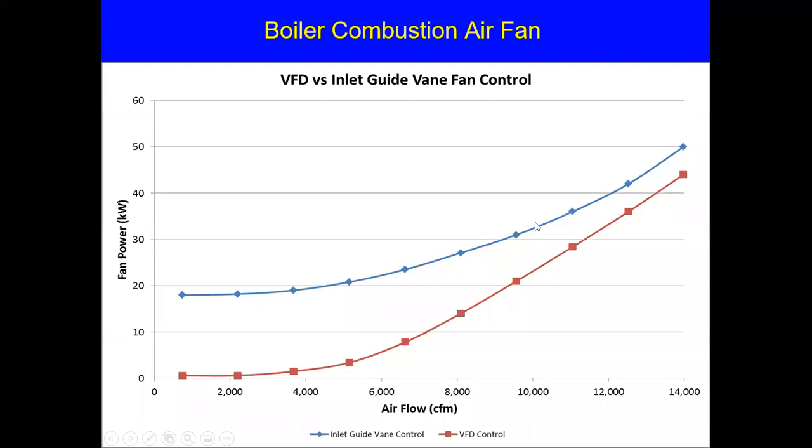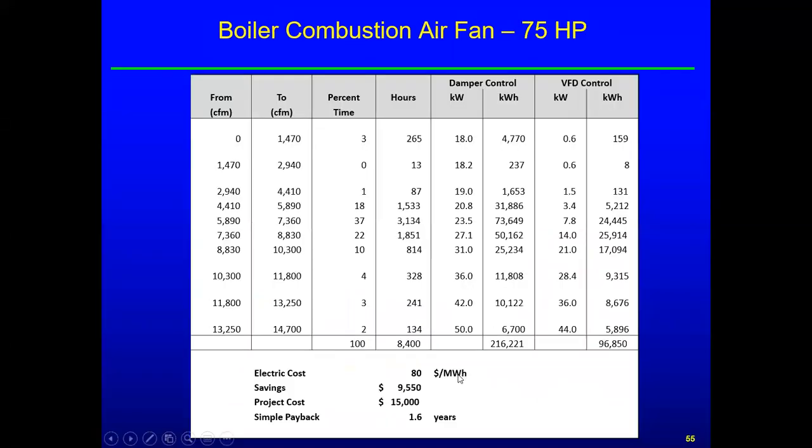This was the actual measured performance data. We see typical curves, the inlet guide vane curve and the variable speed curve as measured versus airflow. The DCS, the system, allowed us to go back and divide the operating time, 8,400 hours, into bins of different airflows, which is really nice.